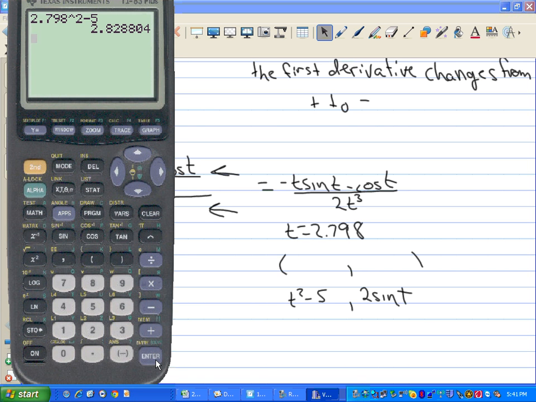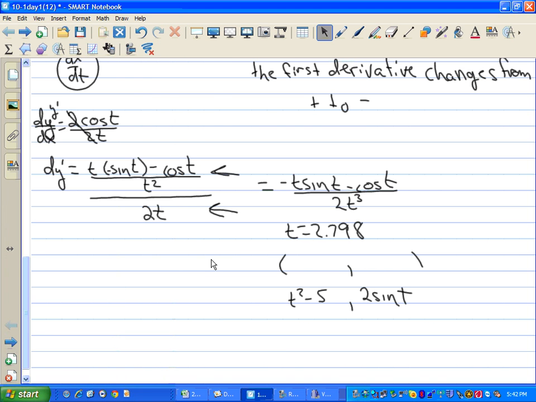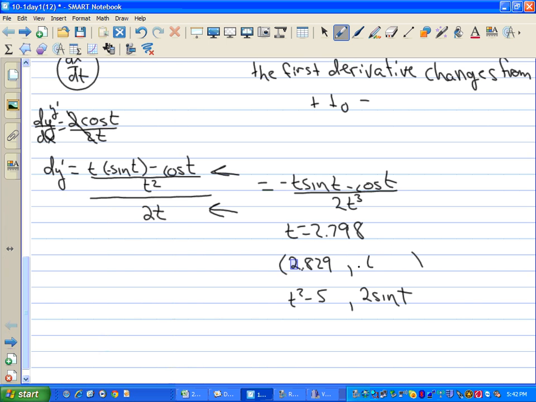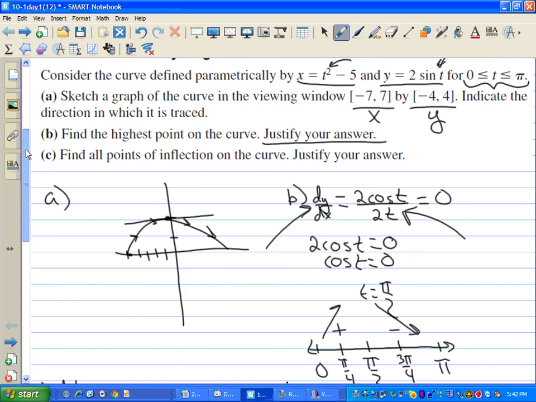There's the x value, 2.829. And 2 sine of 2.798 gives the y value, 0.674. So 2.829, 0.674 is where we have a point of inflection on this curve.